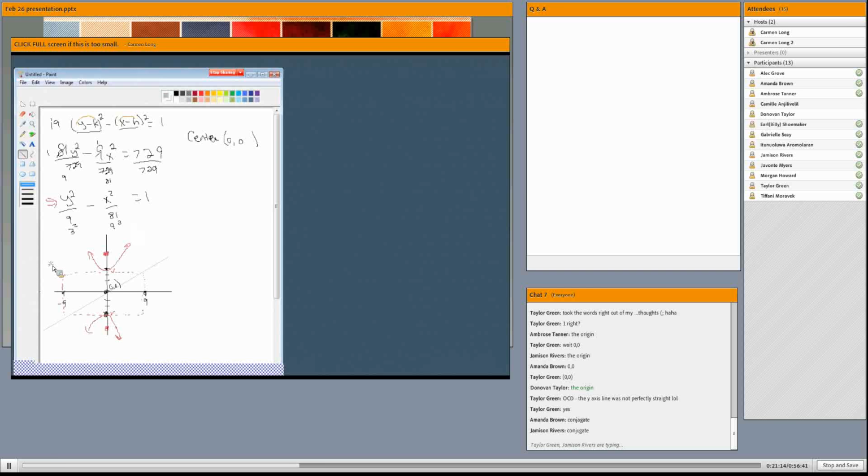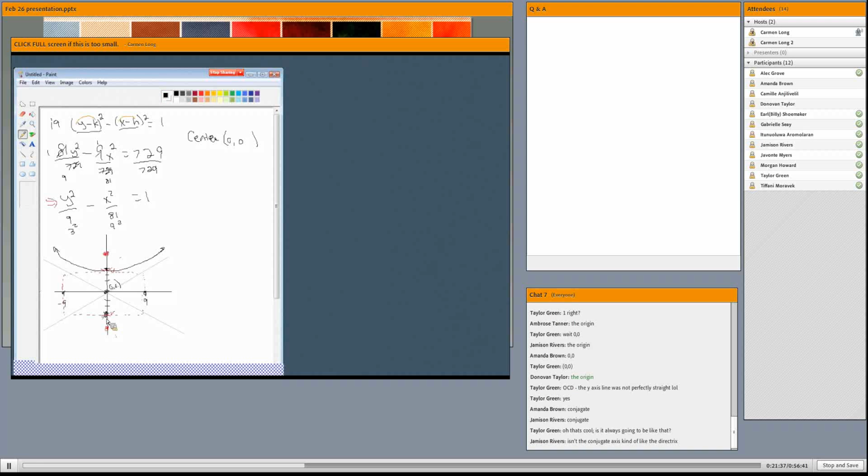So that tells you how big the graph opens up. So I'm going to fix that to be more reflective of what's really happening. Like that. It's not really called that, but think about the directrix in a parabola.